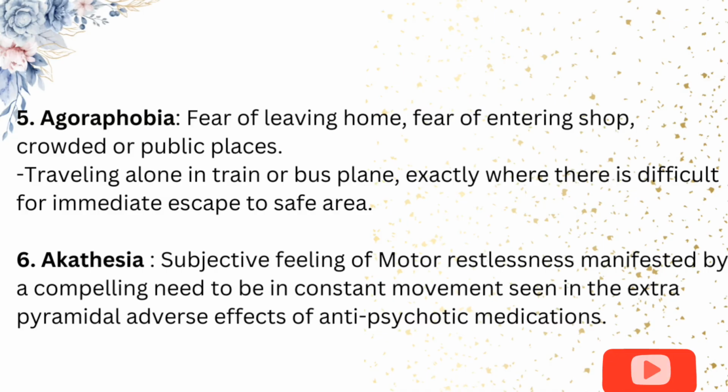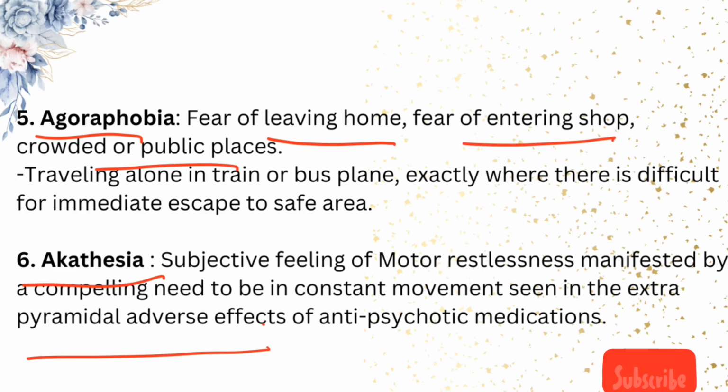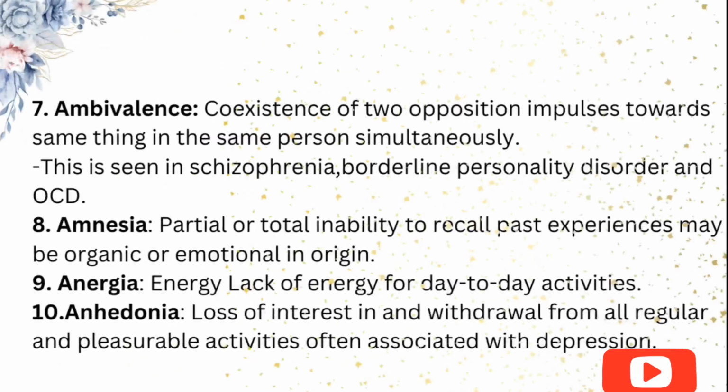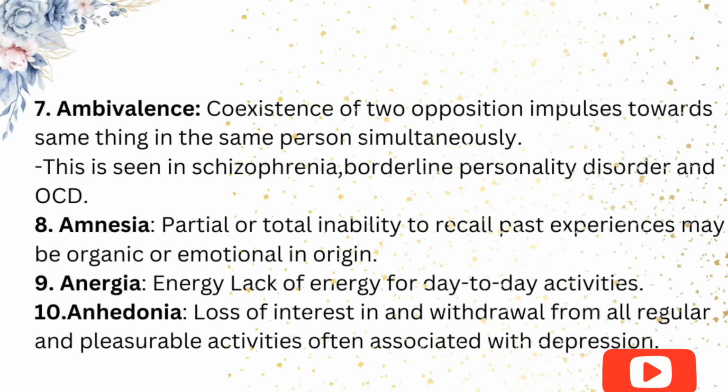Next is agoraphobia, which means fear of leaving home, entering shop, crowded places. Next is akathisia, which is a common extrapyramidal adverse effect, which is a compelling need to be in constant movement. Next is ambivalence. Ambivalence means coexistence of two opposition impulses.